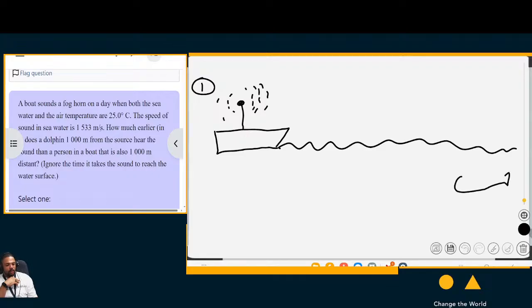I'm just gonna draw a fish. I can't draw a dolphin. I don't even know why I even tried. So this is the dolphin. It's a bottlenose dolphin. So there's the dolphin, 1,000 meters away.